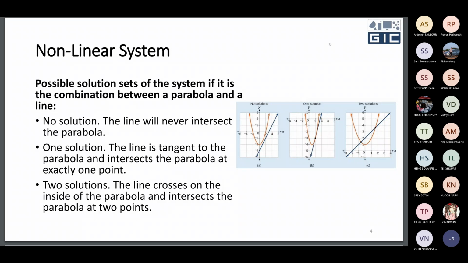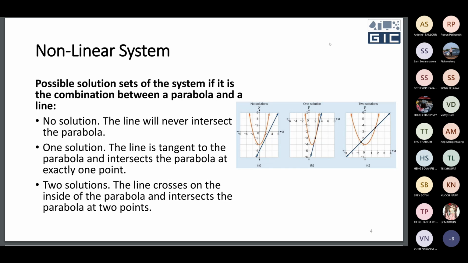But when our line is tangent to the parabola, it's not an intersection, it just touches the parabola. So you have exactly one point that makes both the parabola equation and the line equation true at the same time. So you have exactly one solution in this case.